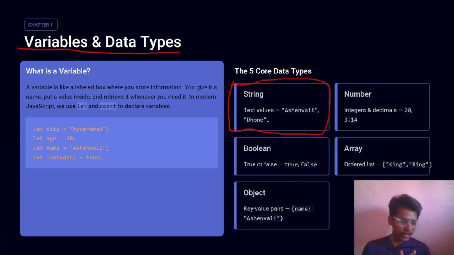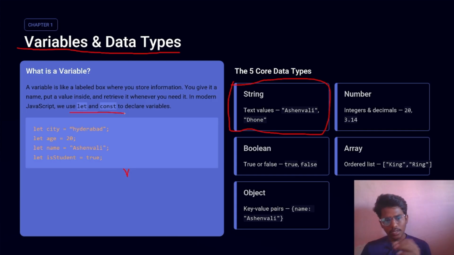Why is it known as a variable? Because it stores some information inside it. You give it a name, put a value inside, and retrieve it whenever you need. In modern JavaScript, we use let and const to declare variables.